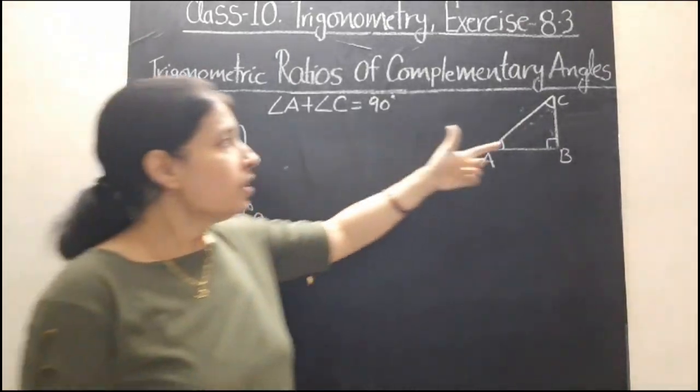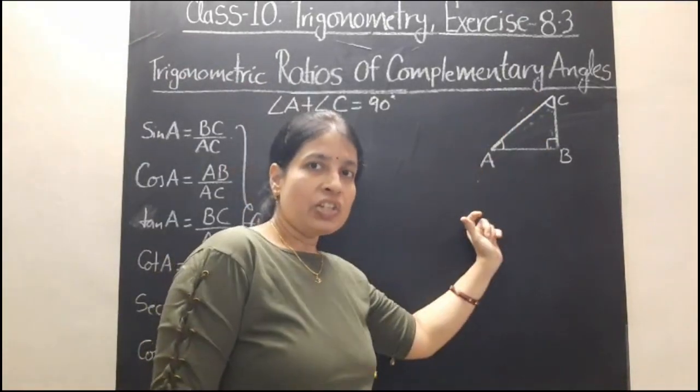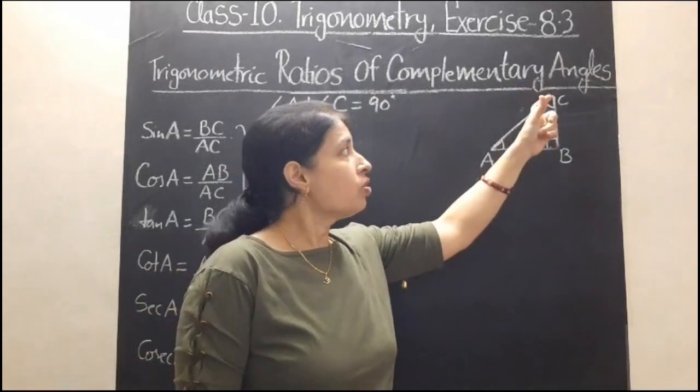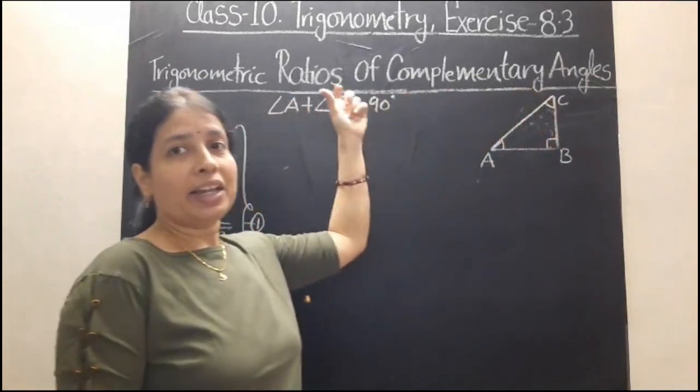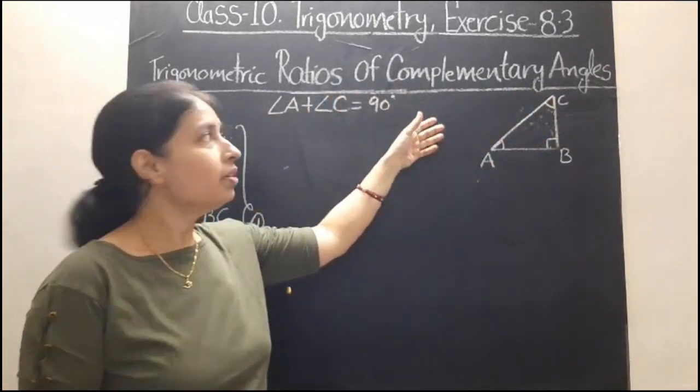Then we have to find out trigonometric ratios of angle C also. For this we know that angle A plus C is equal to 90 degrees.